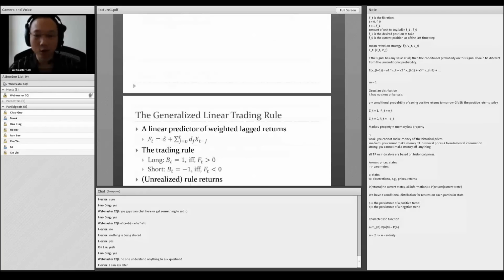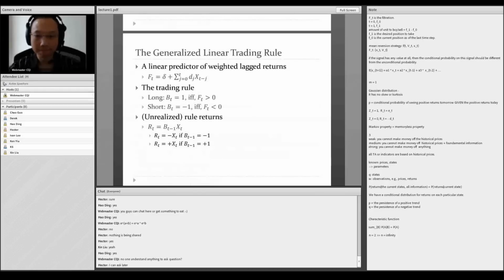It's basically a weighted sum of historical returns. Now here we use different symbols. For the historical returns, we used RT before, but now we use XT, because I'm just copying and pasting these equations from the book, so I follow their symbols.